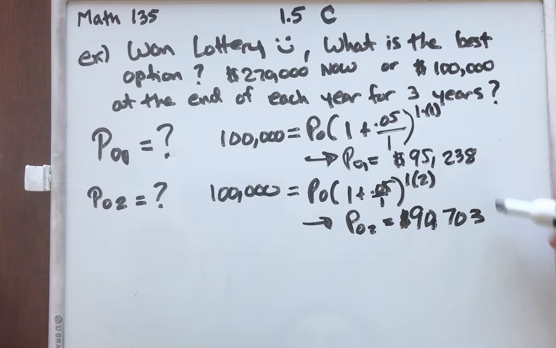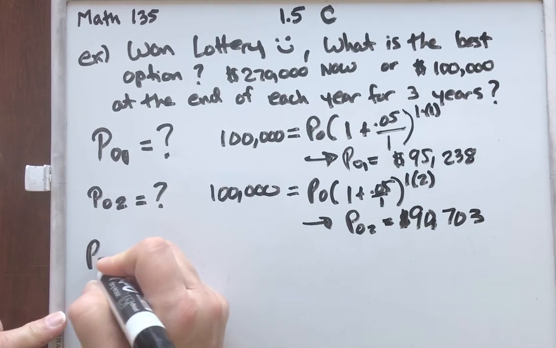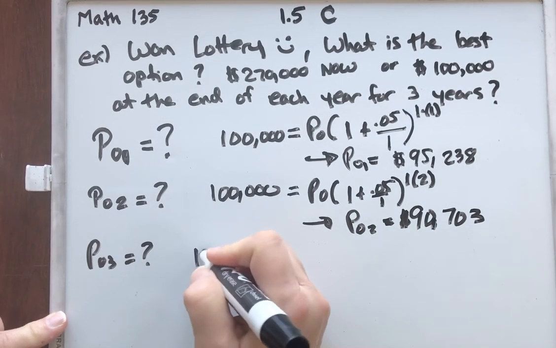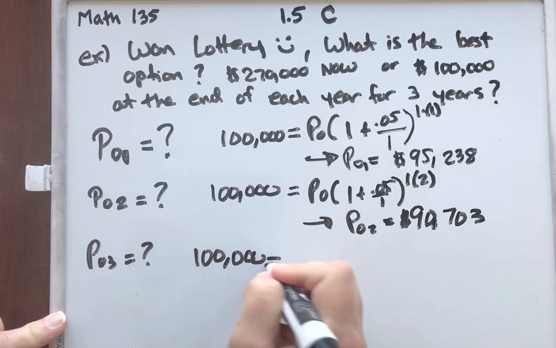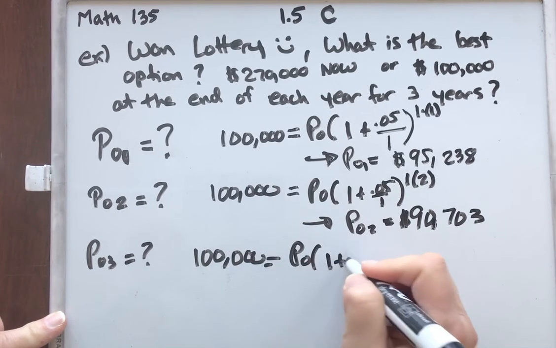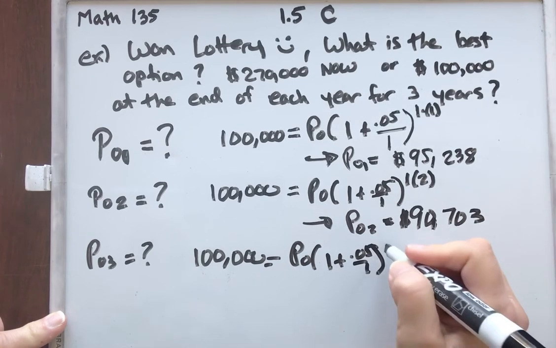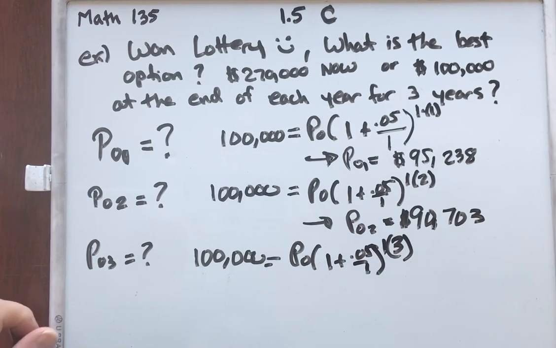Okay, let's go to the last one, the third year. Okay, we have $100,000, P0, 1 plus 0.05 over 1. The third year, okay?